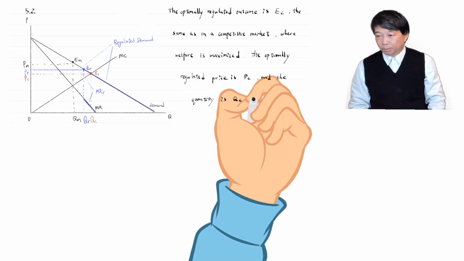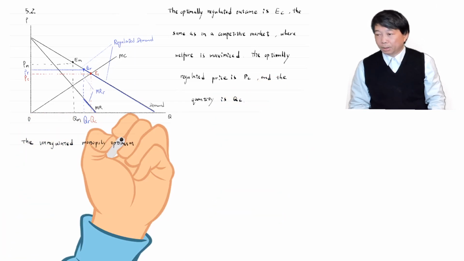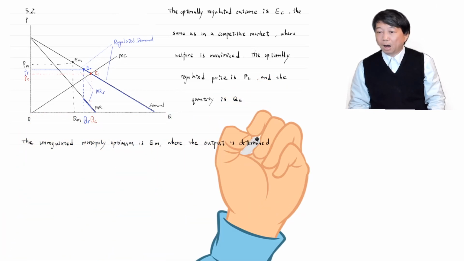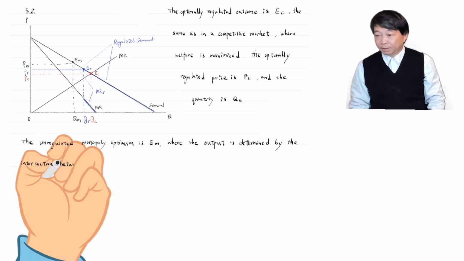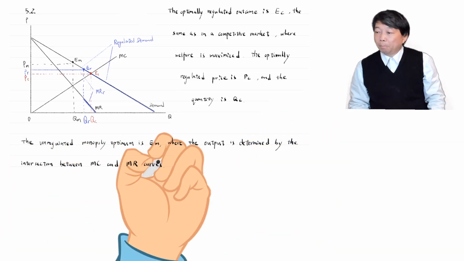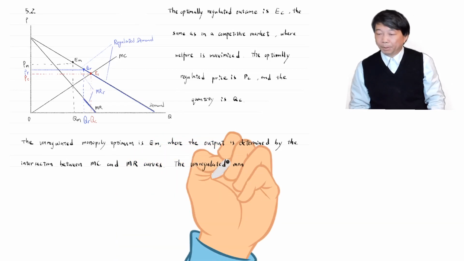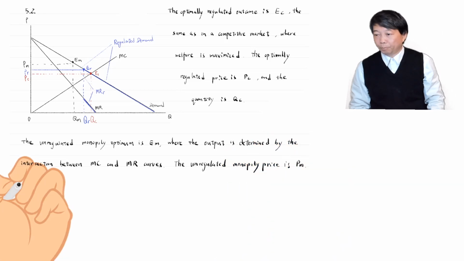The unregulated monopoly optimum is EM, where the output is determined by the intersection of the marginal cost and marginal revenue curves. The unregulated monopoly price is PM, which can be found using the inverse demand curve.